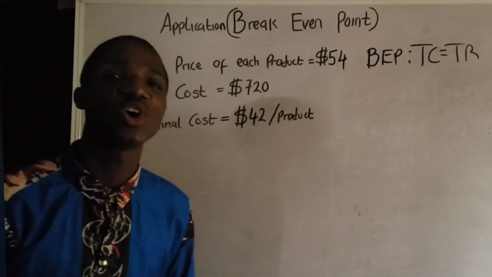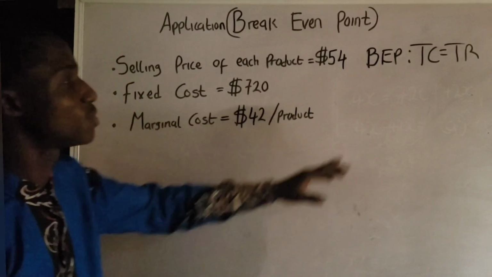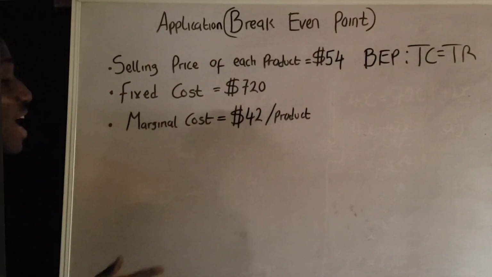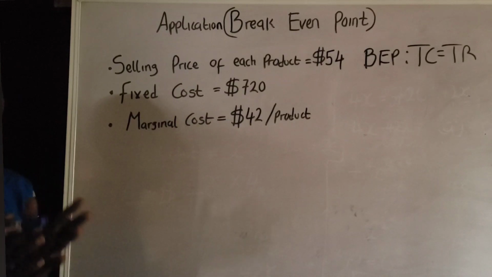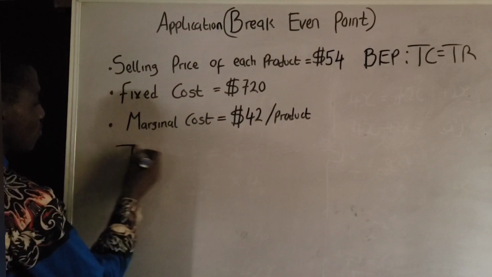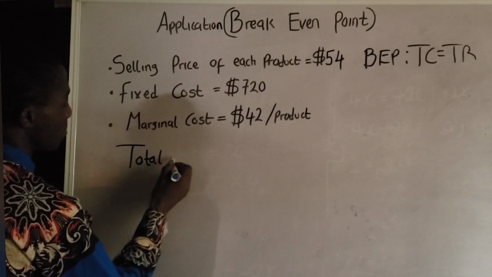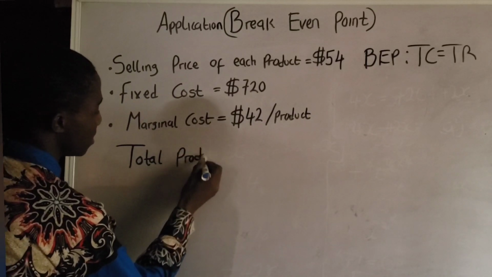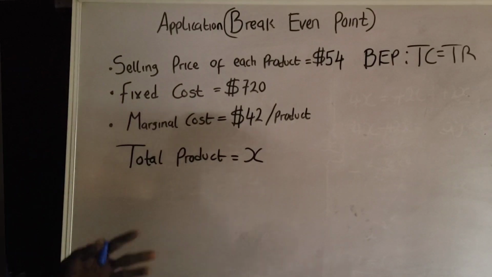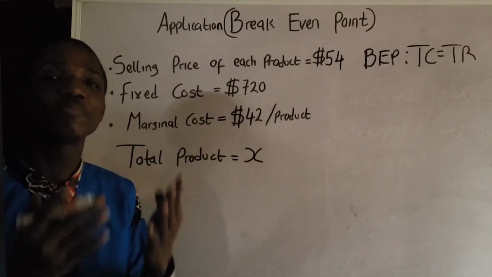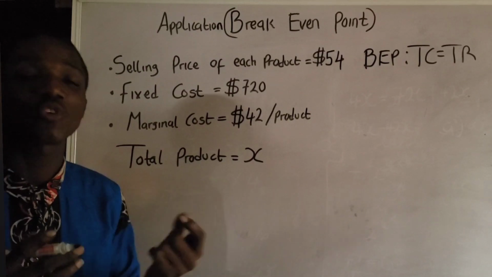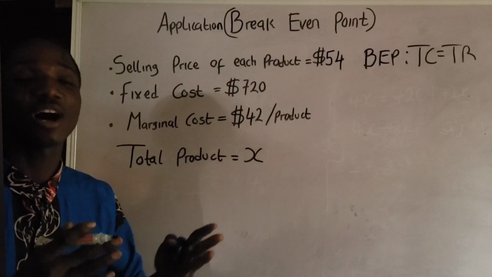So having known the meaning of break-even point, we have to determine the total cost and the total revenue from the given parameters. But before that, I want to represent the amount of units of products that the firm has to produce as X. That is total units of products. Don't forget that revenue is the money that the firm gains from selling the product, and it is calculated by multiplying the units of products produced by the selling price.